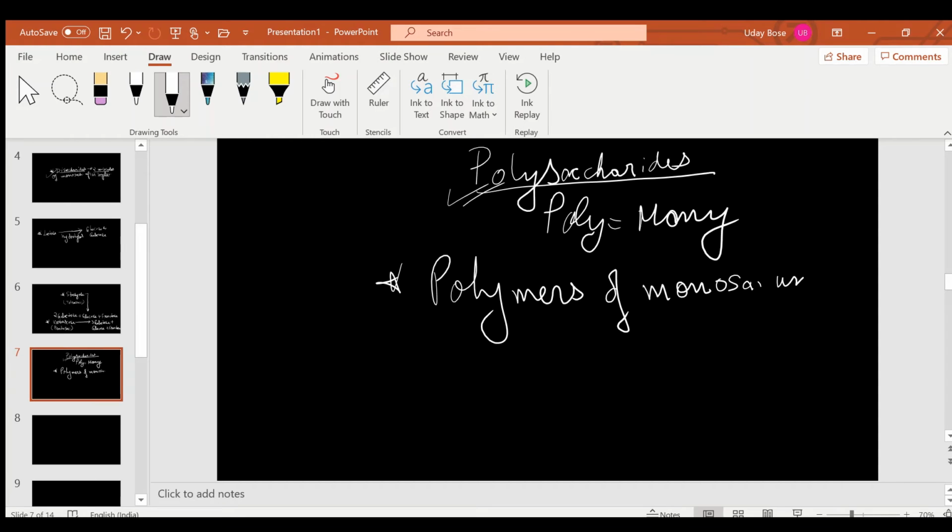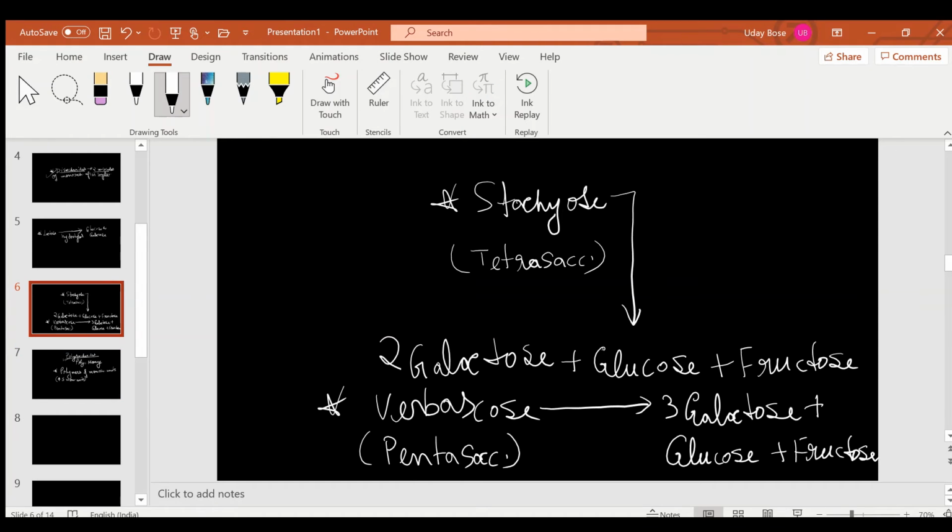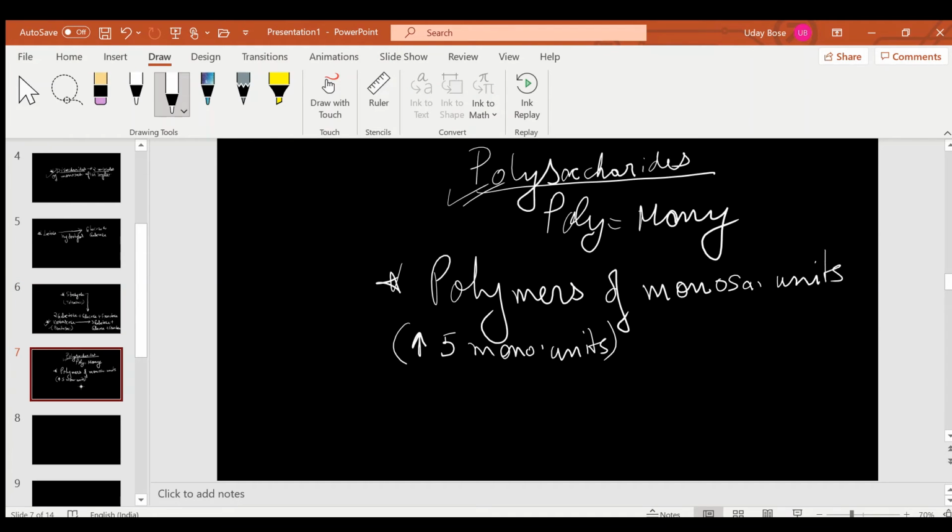So this is mainly above 5 monosaccharide units, because in oligosaccharide I have already given you verbascose, which is a pentasaccharide and which is an oligosaccharide. So definitely polysaccharide will have more than 6 monosaccharide units.